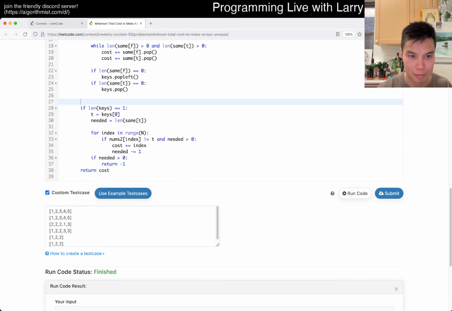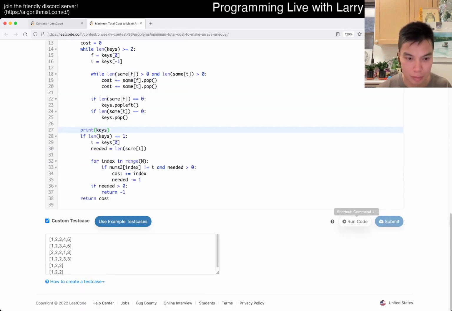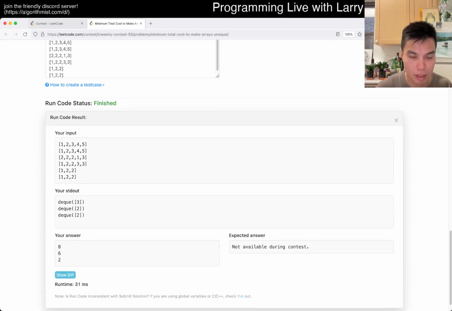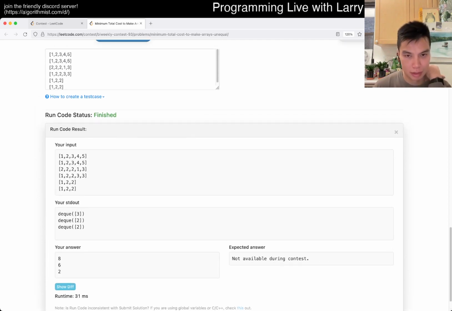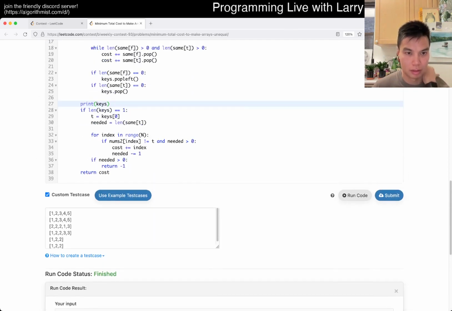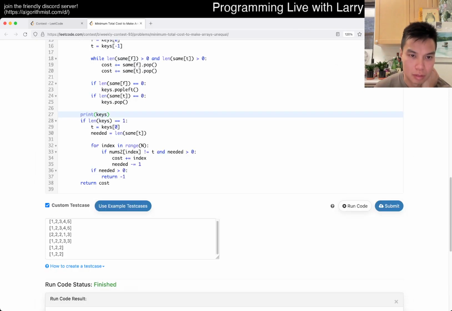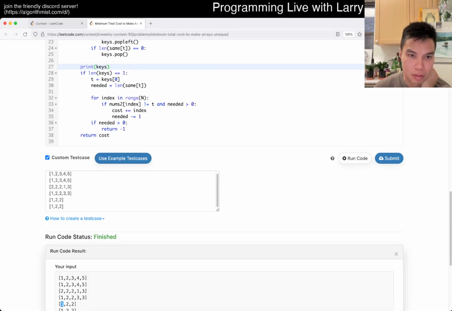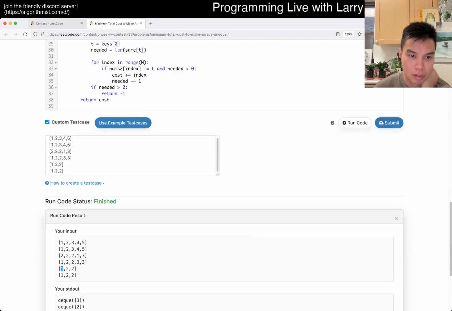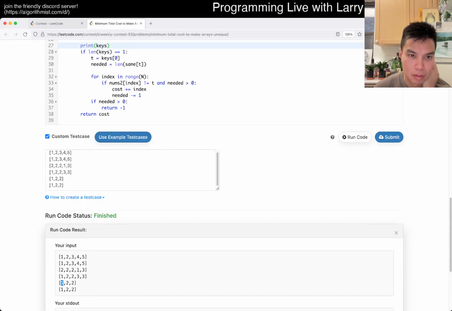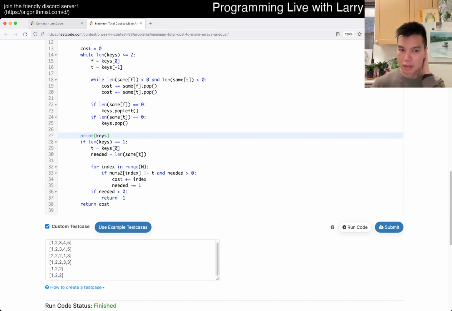Yeah, well. Oh, I see, because this thinks that... Oh, it has to be that this index is the same because we haven't moved it yet.